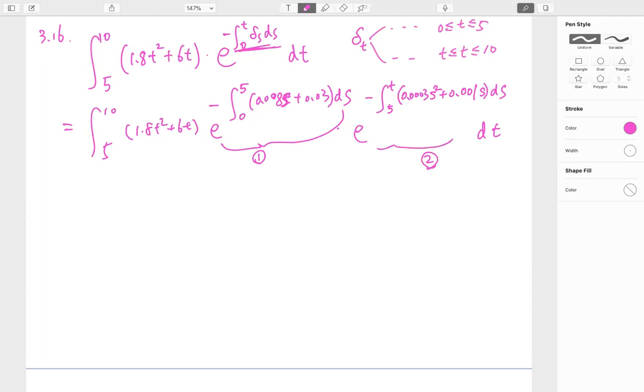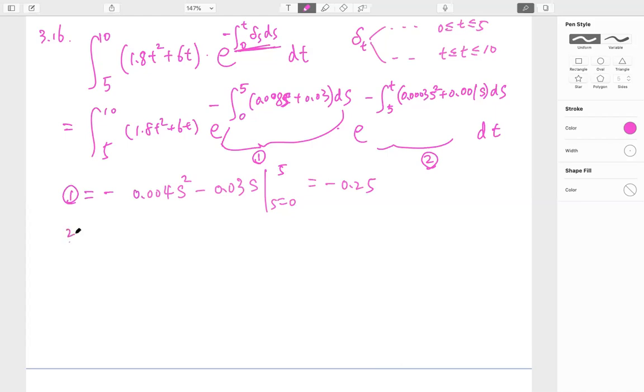So 1 is the integral part. So it would be 0.004 s squared minus 0.03 s, where s goes from 0 to 5, right? You put everything in. I believe, if my number is correct, it should be negative 0.25.